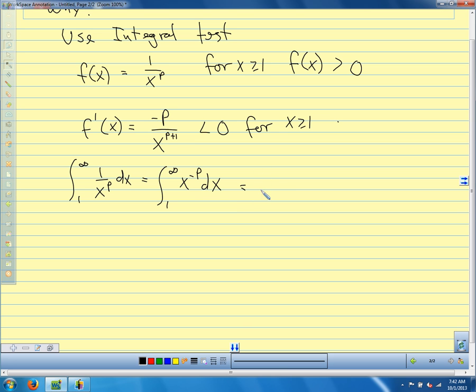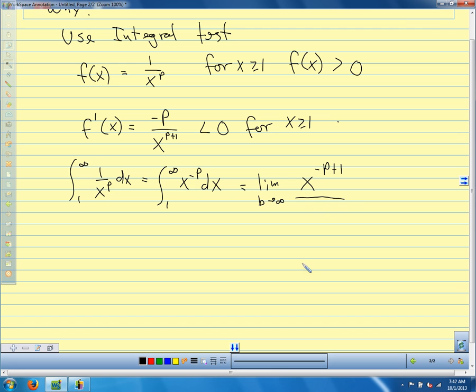And this is going to be the limit as b approaches infinity of what's the quantity that we get when we integrate this. I'll start us out, x. What's going to be our new exponent when we integrate this? Go in the opposite direction than we did here. 1 minus p, I'm going to write it as minus p plus 1.